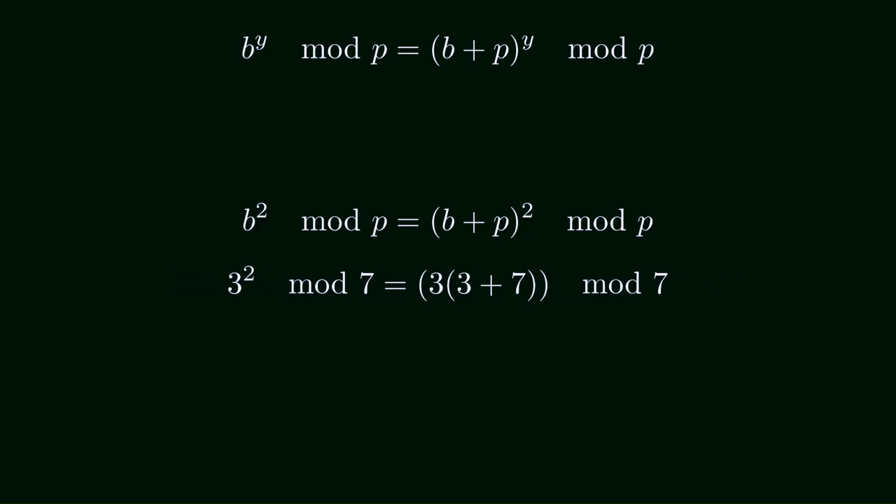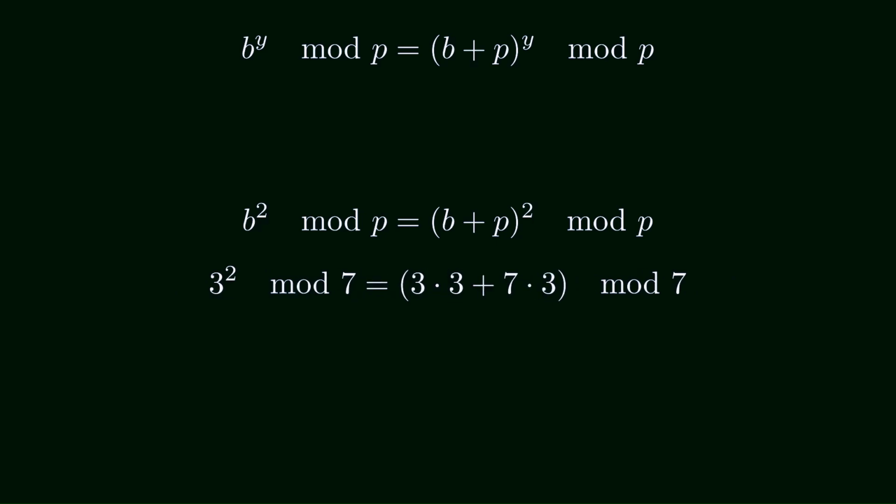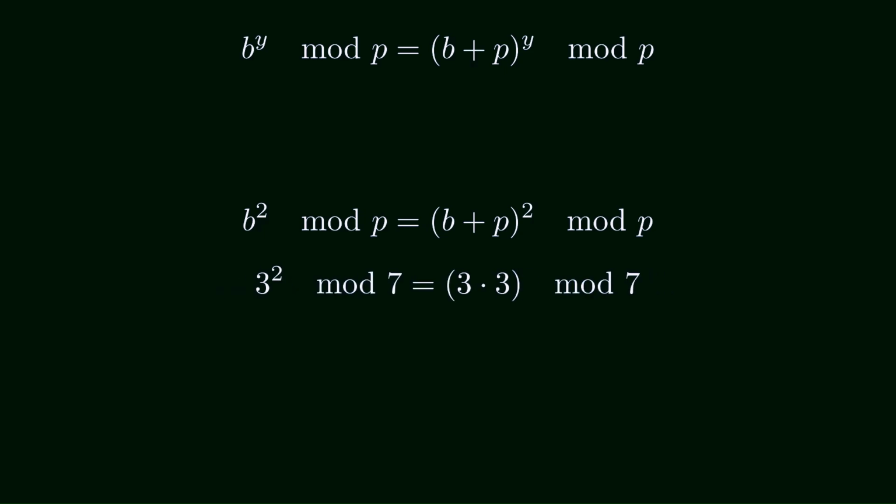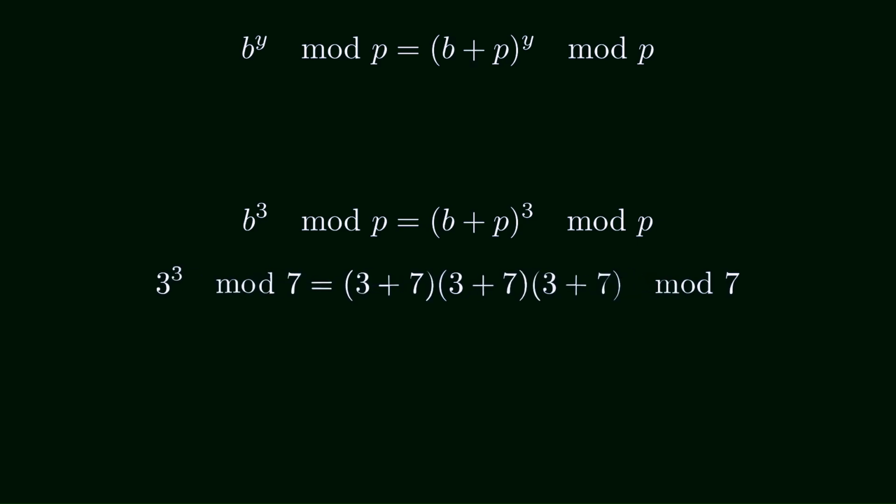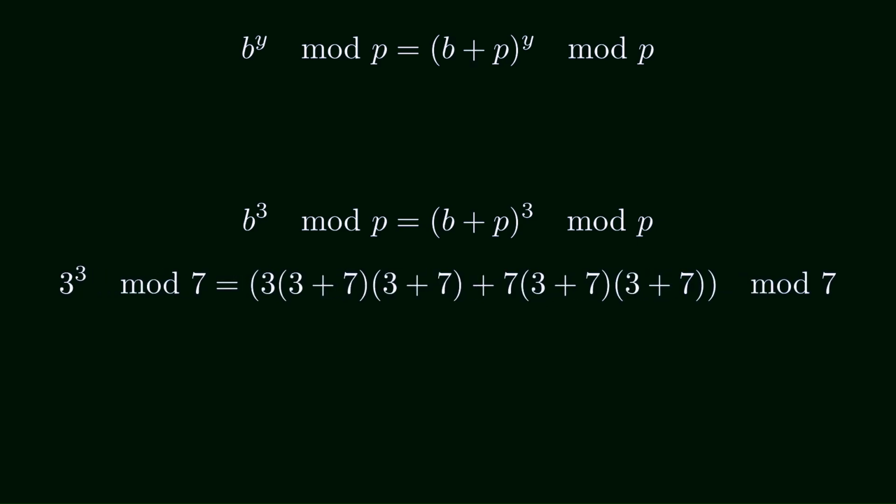We are left with 3 times 3 plus 7, which when distributed gives us 3 times 3 plus 7 times 3. We can again discard the multiple of 7 for the same reasons as before, leaving us with 3 times 3, which is the same as 3 squared. Hence, both sides are now equal. And if we were to look at the cubic example, where y equals 3, we can again keep discarding multiples of 7 until all we're left with is 3 cubed.